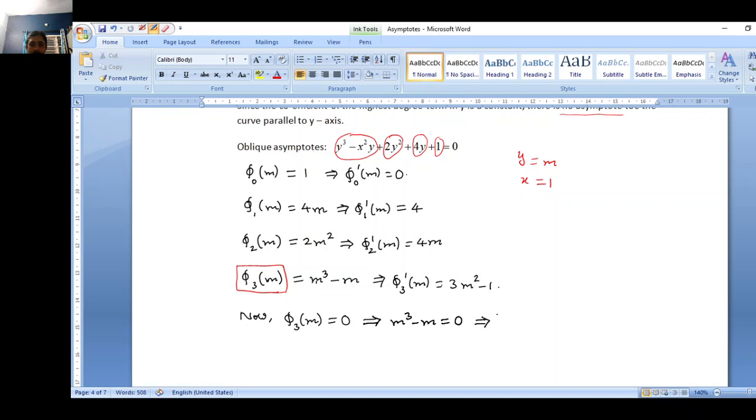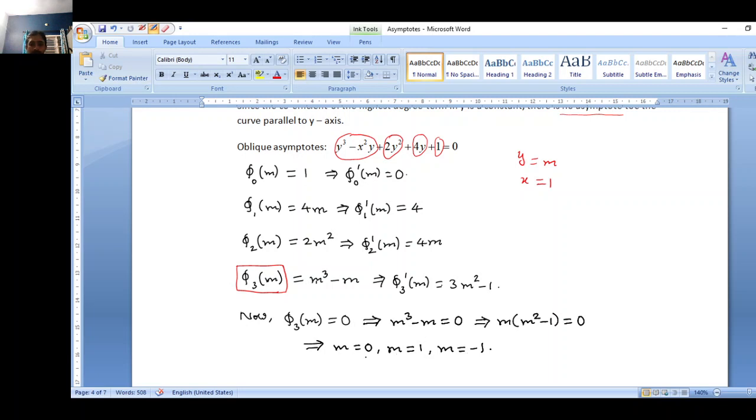But of course, in this problem, finding them is very easy, because if you take an m common, you get m into m square minus 1 equals 0, and solving that will give us m equal to 0, or m square minus 1 equals 0, which will give us m equals 1 or m equals minus 1.